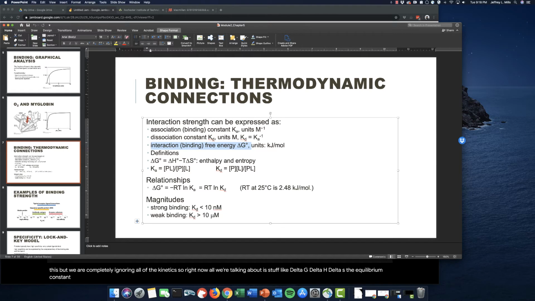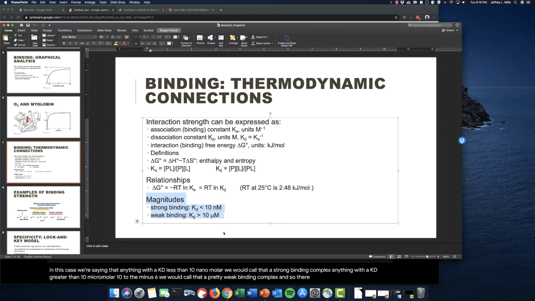And just to give you a rough idea, we would typically quantify or qualify these binding interactions in terms of how strong Kd is or how small Kd is. So in this case, we're saying that anything with a Kd less than 10 nanomolar, we would call that a strong binding complex. Anything with a Kd greater than 10 micromolar, 10 to the minus 6, we would call that a pretty weak binding complex.